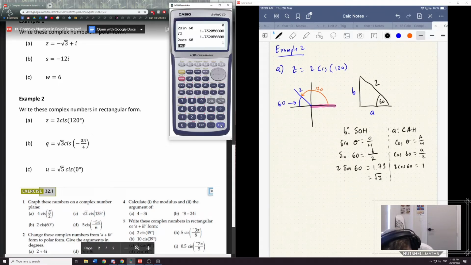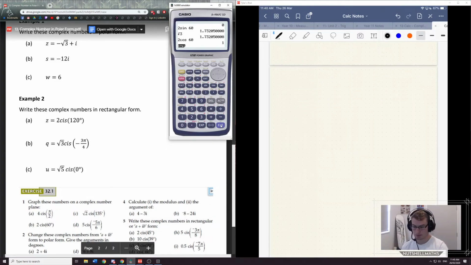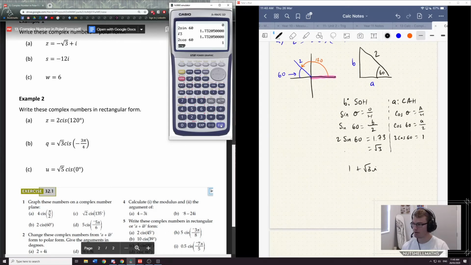So our a plus bi is going to be 1 plus root 3i. Tell me what I've done wrong. Yes, Mr. Murray, you're right. I'm going to get to that in 1 second. I just want to do this and see what I've done wrong. Tell me what I've done wrong.